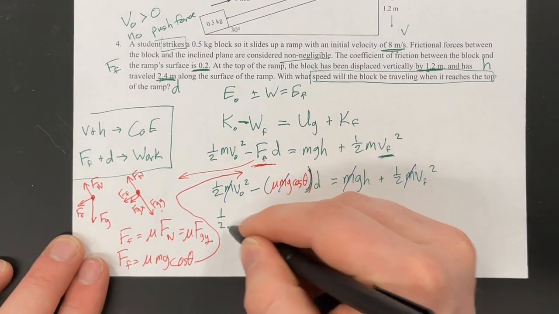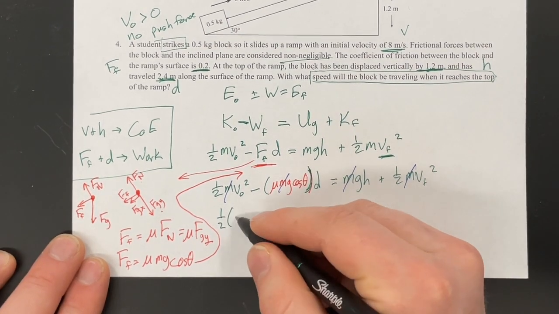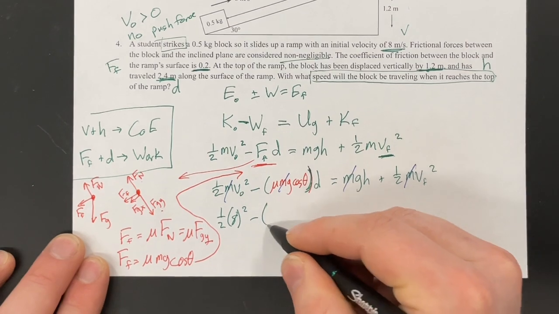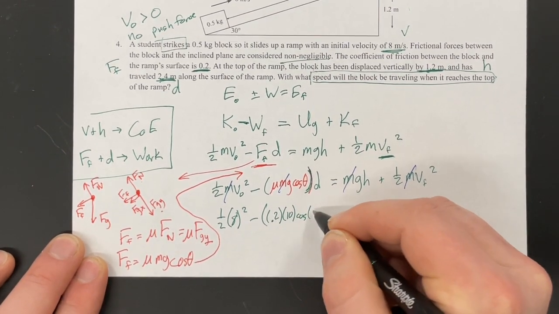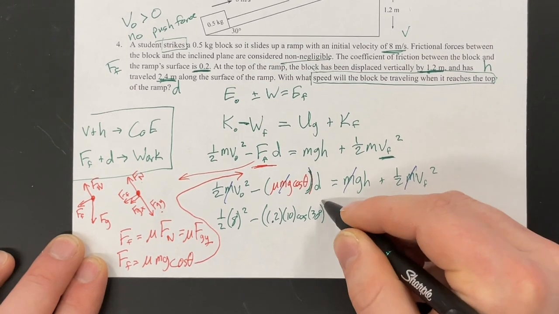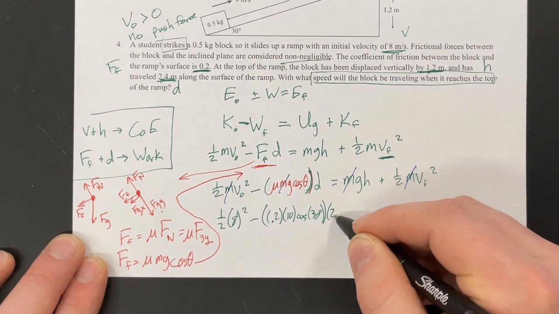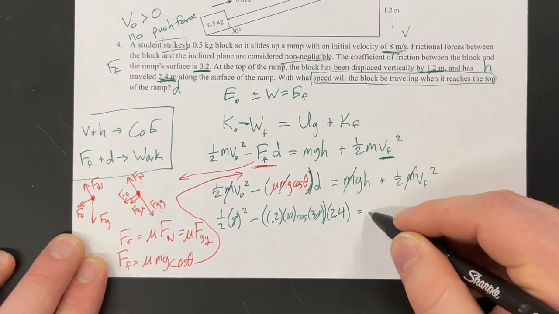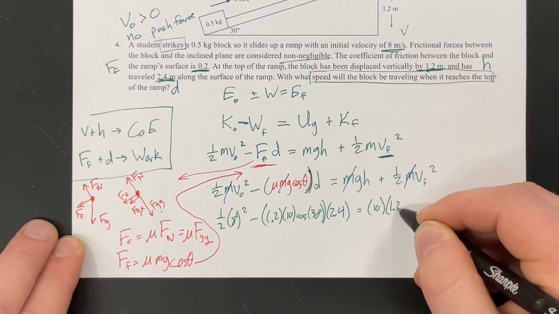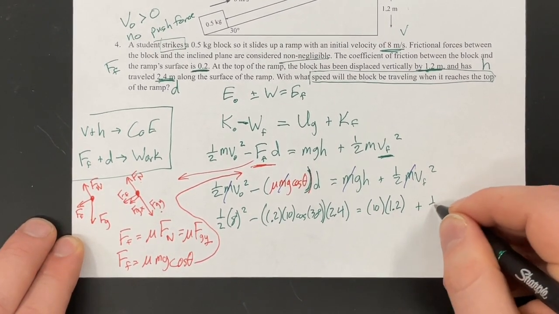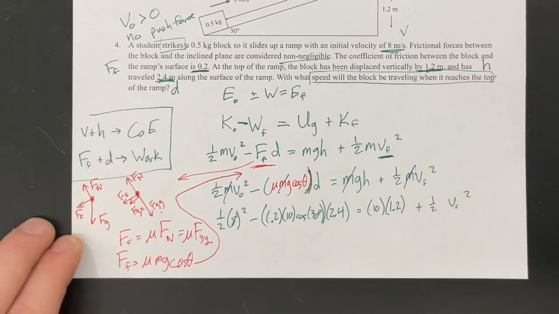All right, we can plug in some numbers. 1/2 times 8 squared minus mu, which is 0.2, times g, which is 10, times cosine of 30 degrees, times the displacement, 2.4, equals g, which is 10, times h, which is 1.2, plus 1/2 v final squared.